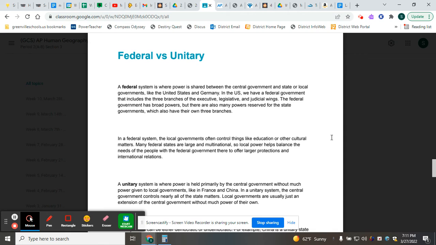You have a county government here in Greenville County, and then you have a city government in Greenville, in Mauldin, in Greer, in Simpsonville. So you should be pretty familiar with a federal system of government, where there are things that the federal government can do, things the state government can do, things both can do, and times when the two will butt heads.